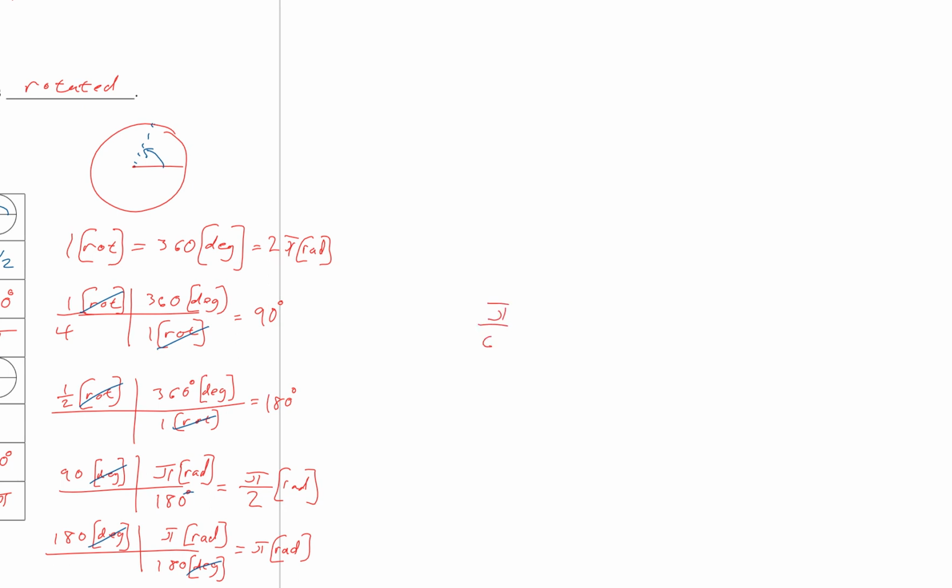We have pi over 6 radians. We want that in degrees. So we simply use our conversion factor from radians to degrees. Make sure we have the right units in the right spot. There are pi radians in 180 degrees.